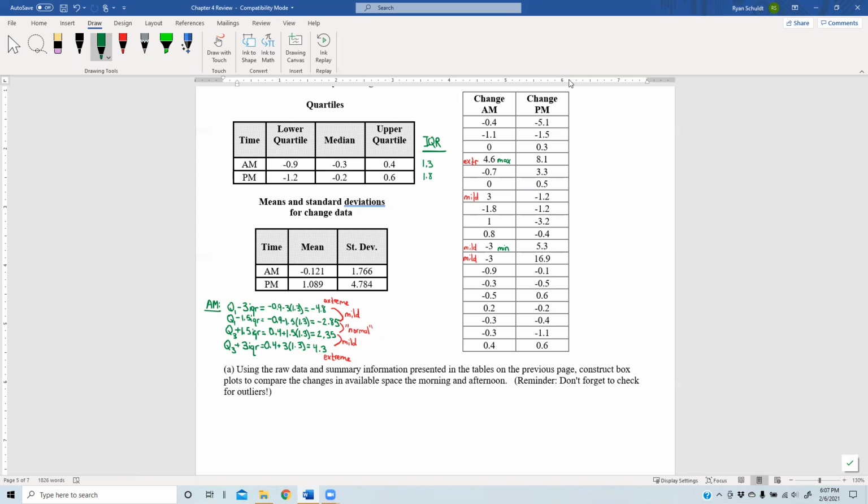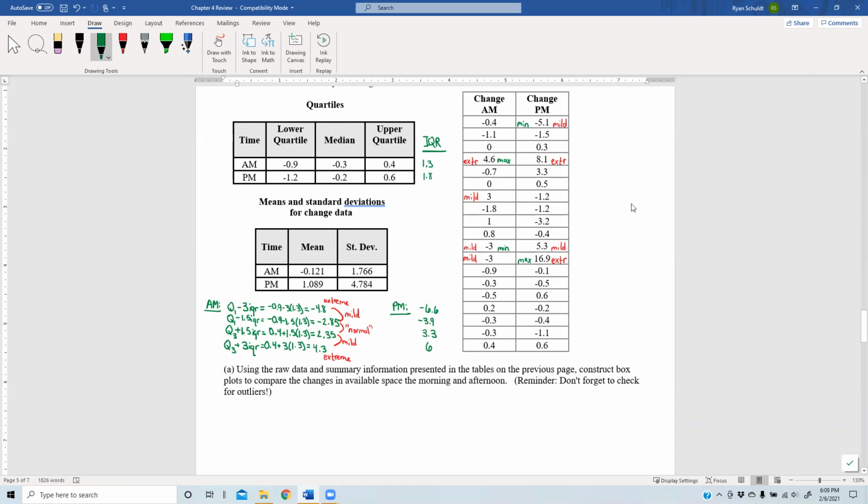Okay, so now I do a similar thing for PM, similar process. I'm not going to show that process. So if you don't want to just have the answers appear on the screen, I suggest you pause the video and try it yourself.